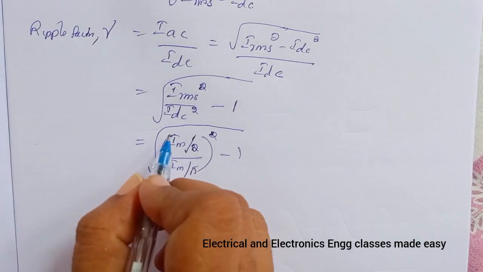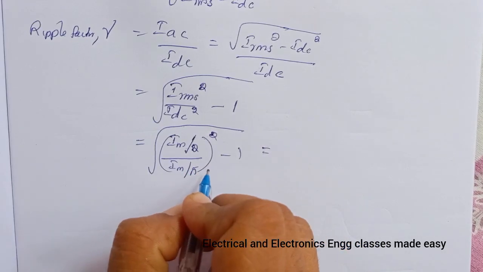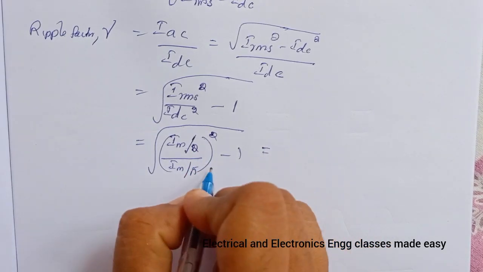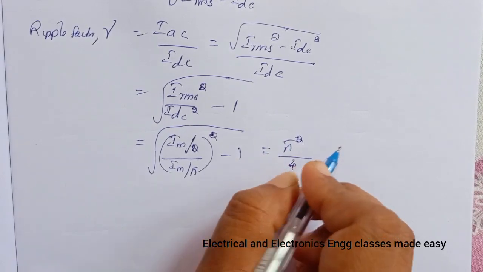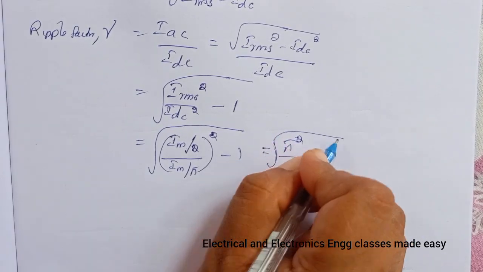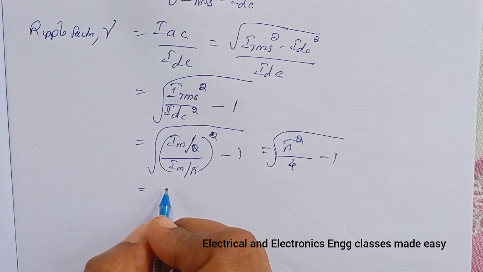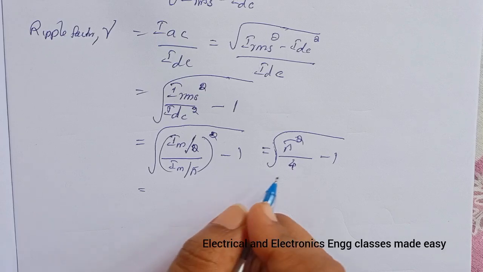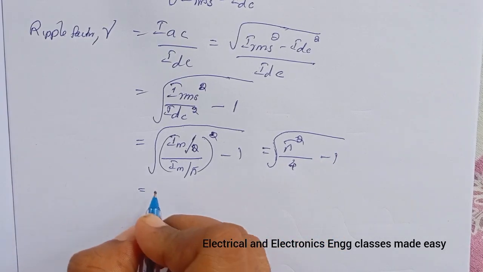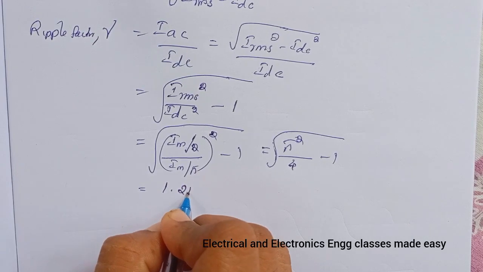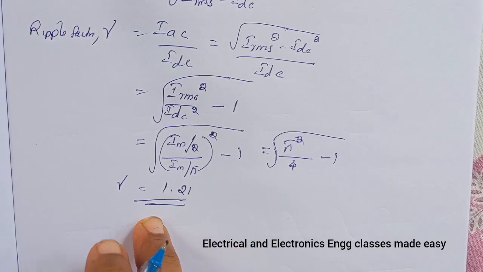So here Im gets cancelled and we get square root of pi square divided by 4 minus 1. After calculating we get 1.21, that is gamma is equal to 1.21.